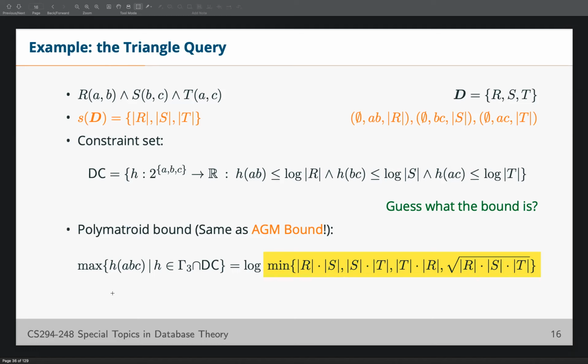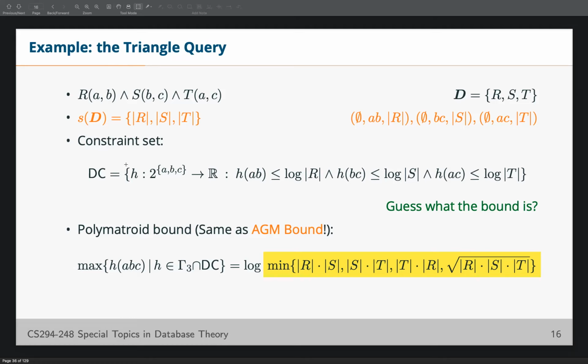Now, you might have noticed that the AGM bound was a bound that was polynomial in n. You can write down a linear program, the fractional edge cover. Yet in our case, it's not completely obvious how you go from an exponential number of constraints to something that's polynomial in n, but that's a different story.